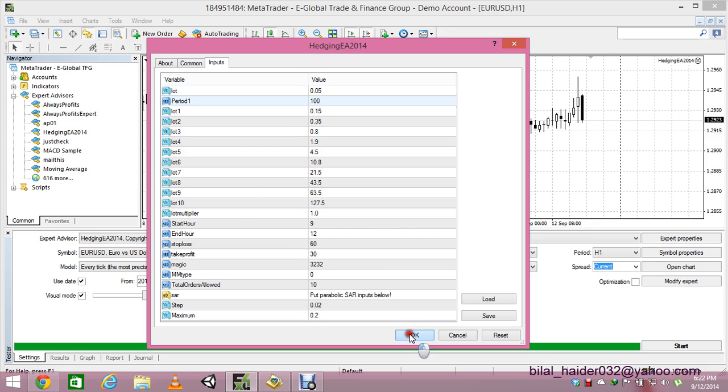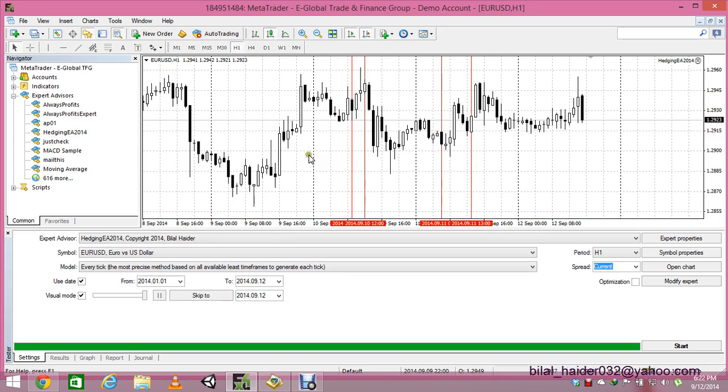Now let's go ahead and test it between these 2 dates. I'm using it with the euro US dollar pair, and the time frame is H1. You should always use this time frame, because I think that on the H1 time frame, moving average and parabolic SAR give good signals.